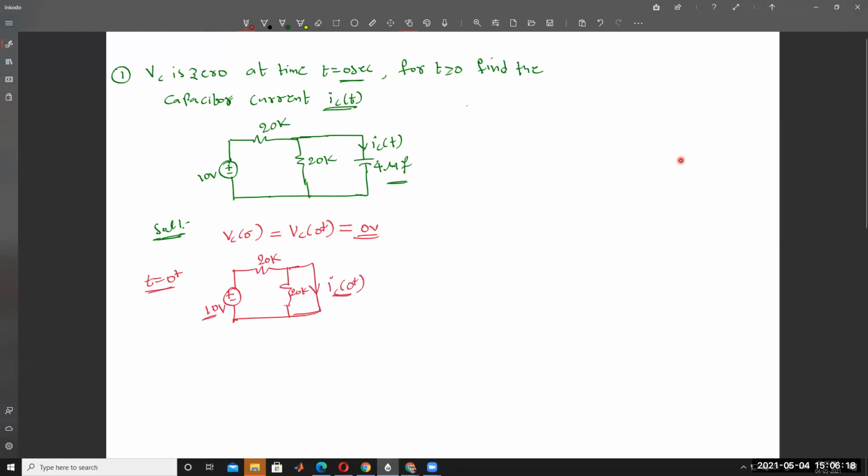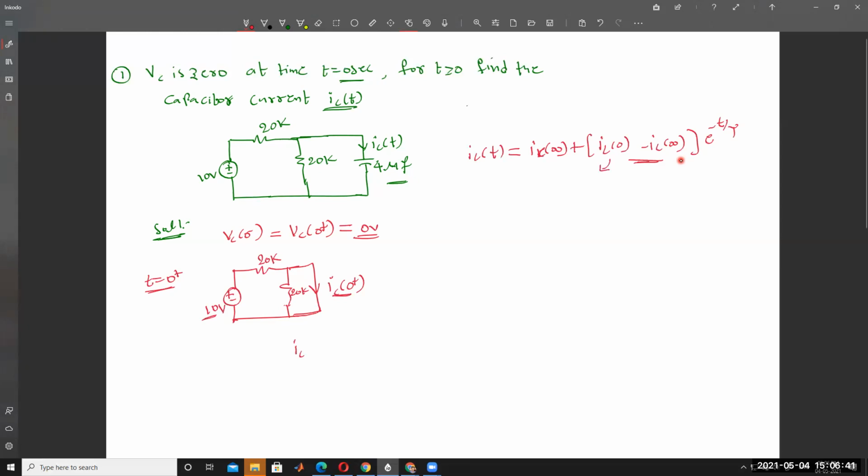Okay, so IC of t is nothing but IC of infinity plus IC of 0 plus minus IC of infinity into e power minus t by tau. So I'm substituting into this equation. IC of 0 plus is from this circuit. Here it is short circuited, so only this current is flowing like this, and the 20 kilo ohm resistor is in the path.